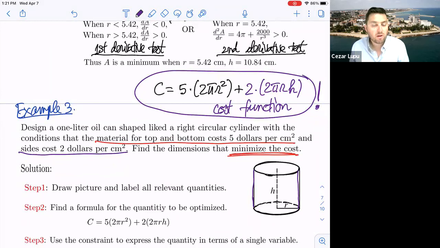This cost function has 2 variables, r and h, and I don't like that. We're not in Calc 3 here, and we don't want to deal with functions of 2 variables. We'd like to only have 1 variable. So how can we express the constraint? That is the question, and we should read very carefully.